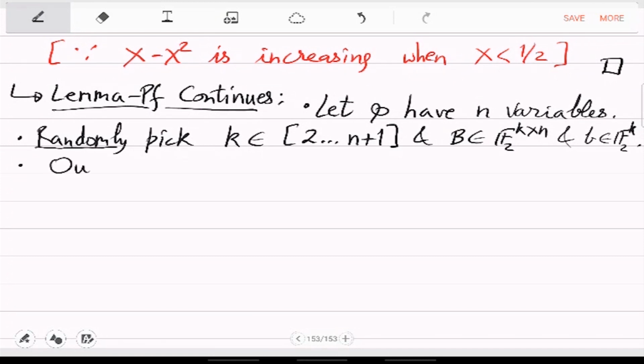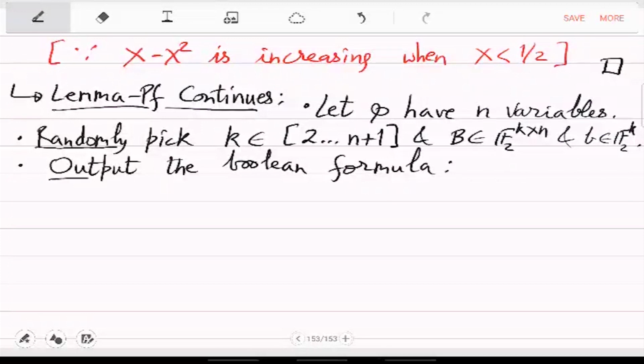So what you do is output the Boolean formula psi, which continues to have n variables, as phi, and this extra condition that x maps to 0 bucket.